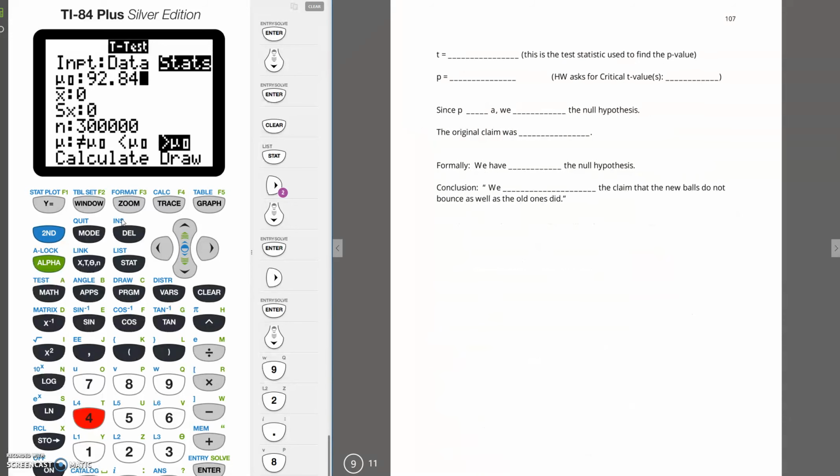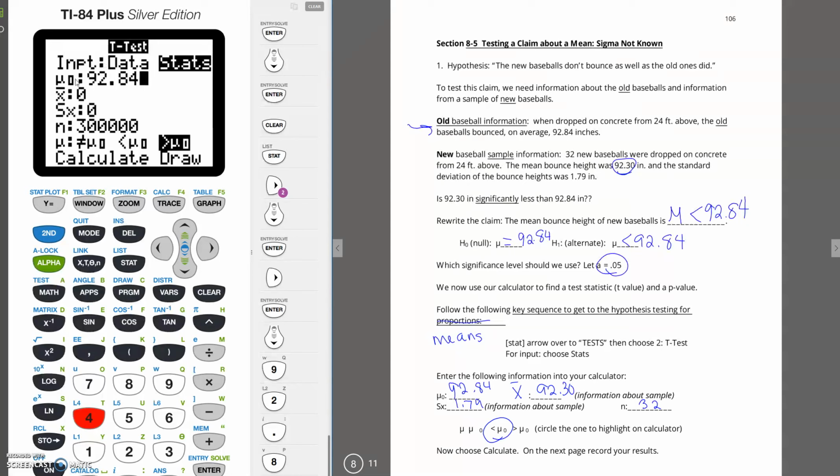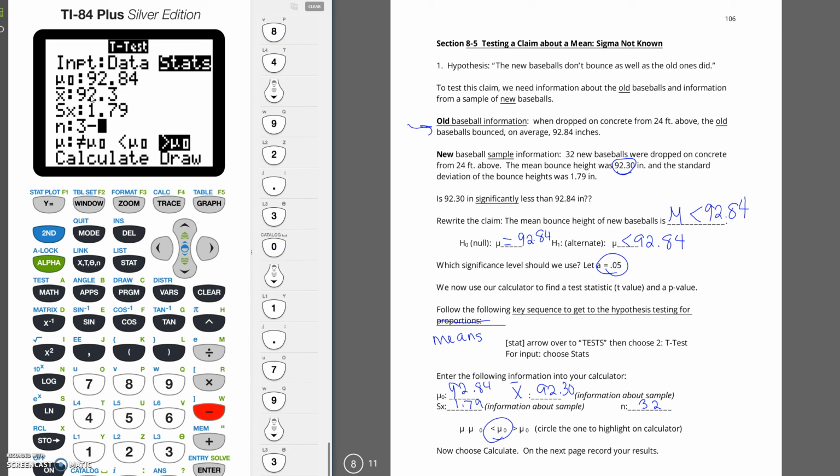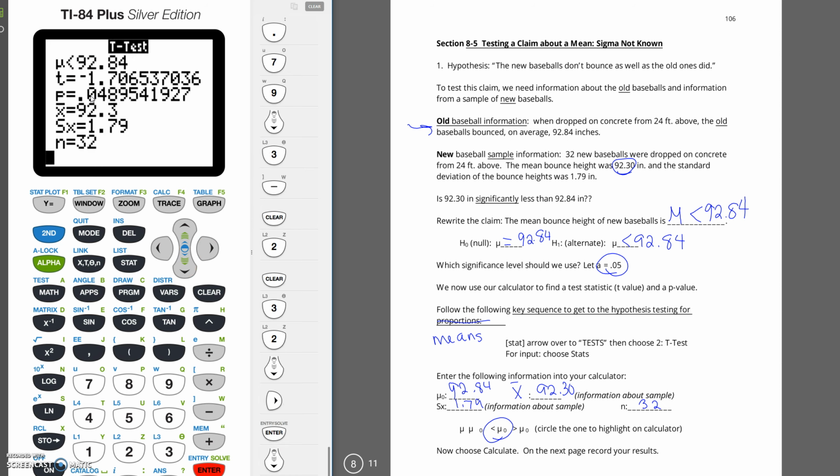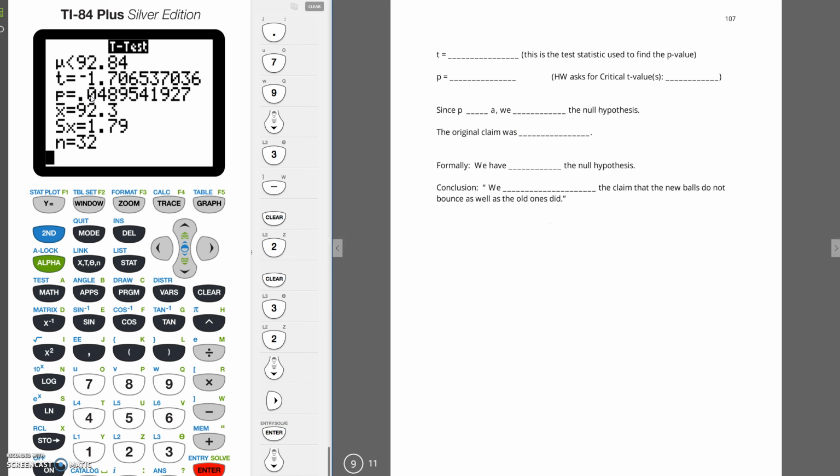So we're going to put that information in, choose the less than, and then hit calculate.